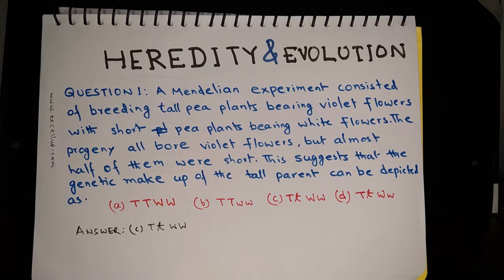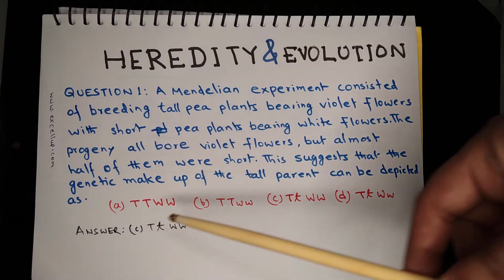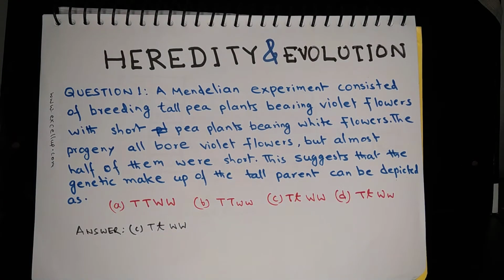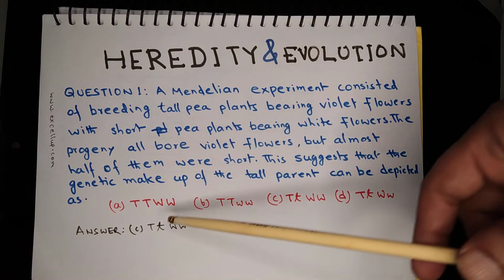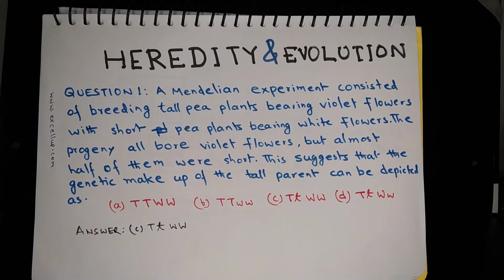So one of the parent plants is tall and has violet flowers, and another plant is a short plant and it is bearing white flowers. So in case of option A, all the plants in the F1 generation will be tall and will bear violet flowers, because the capital letters suggest that tallness and violet color are dominant.